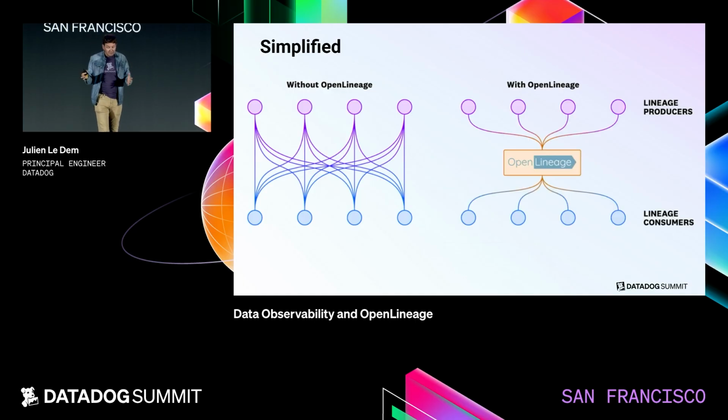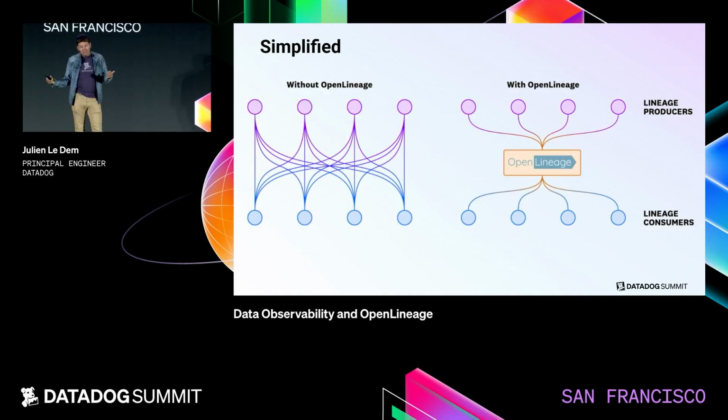So this just creates a lot of work to keep creating and maintaining the integrations. If we can define a standard, we get rid of the quadratic complexity, and we get to a much simpler situation with more linear growth in how much work it is for the ecosystem. Because each new producer of lineage, whether it's Spark or Airflow or dbt or anything else that transforms data, can just comply with producing their lineage metadata in a standard way, and all the consumers can just consume that standard format.